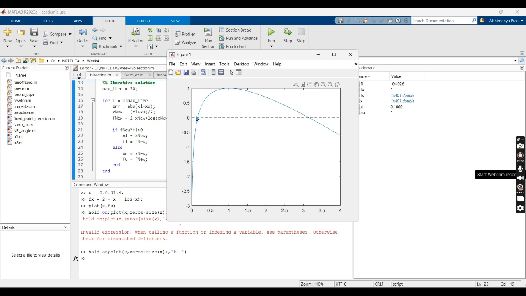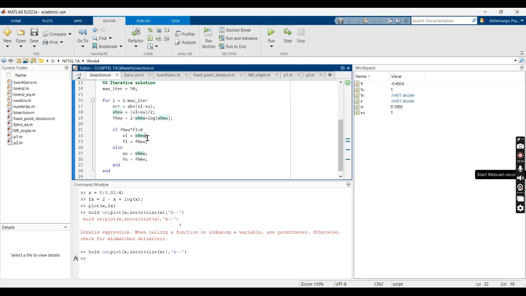So I need to replace my fl with the new xl values, as these two points are on the same side. The other point, the upper point, is on the other side itself, so we need not change that. Similarly, if this condition is not true, then automatically we will update the upper x value.